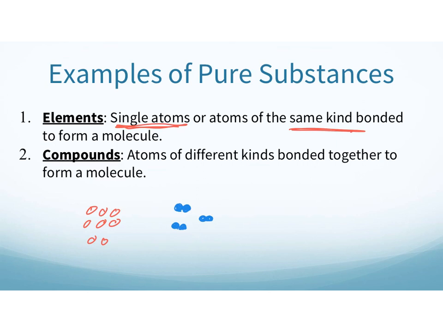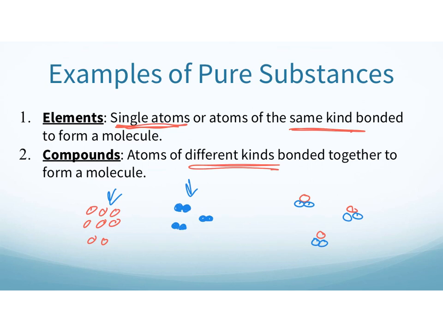This is just an element that's a single atom. This is an element that's two or more of the same type of atom bonded together. That's going to be different from a compound, because with a compound we're going to have atoms of different kinds that are bonded together. An example of this might be water. I would have one oxygen atom bonded with two hydrogen atoms. Here I can see that there are different atoms, but those atoms are bonded to one another.